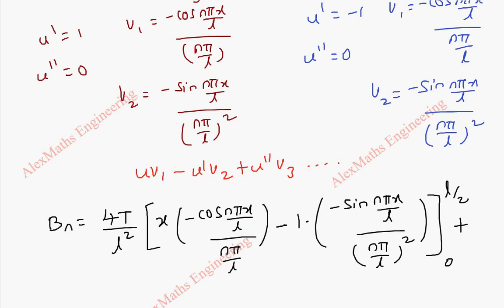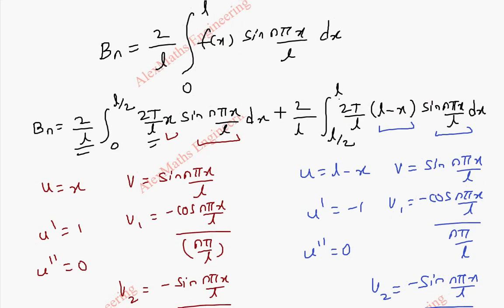Plus. The same way, for the second term also we can take this constant 2t by L outside, and if I multiply I will get 4t by L square outside.